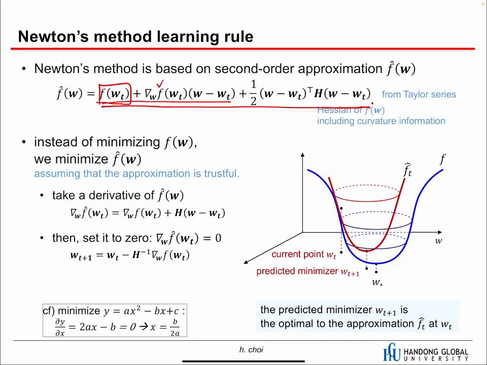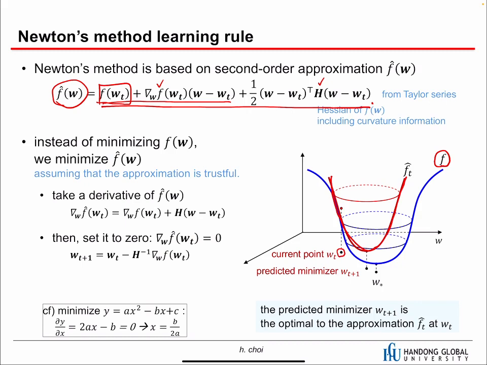This one is the gradient and this one is the Hessian. And now we have the approximation of the true function at time t. Look at this figure. We have the real function. So we are here, and at every location we have to approximate this f with a quadratic equation like this.